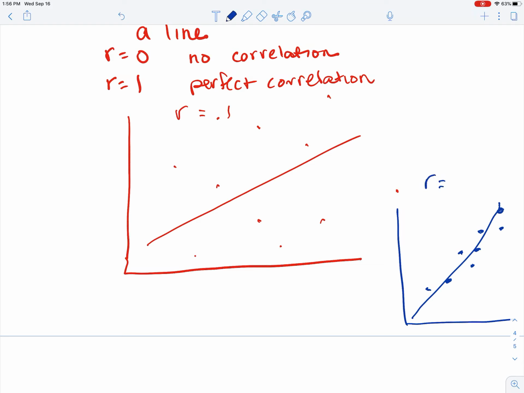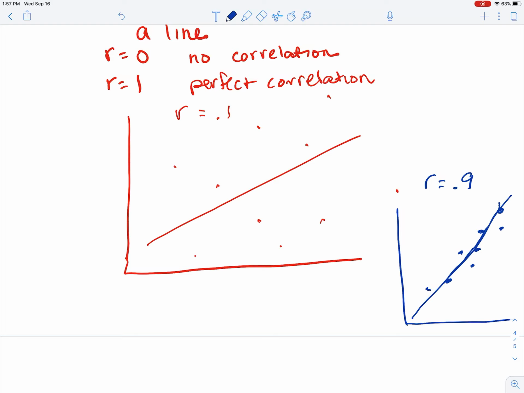This means my R is closer to 1, which may be 0.9. That means it has more of a correlation. I can find something in common in how my X and Y are related and what that effect is going to be. You're not going to be asked to calculate this or anything like that.